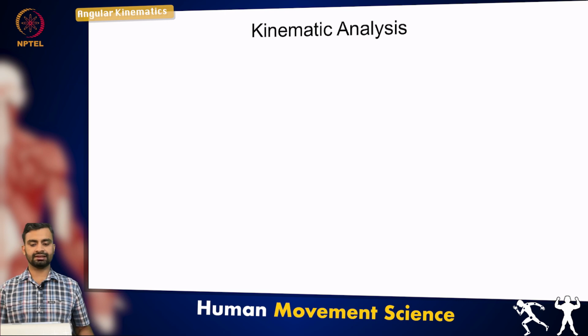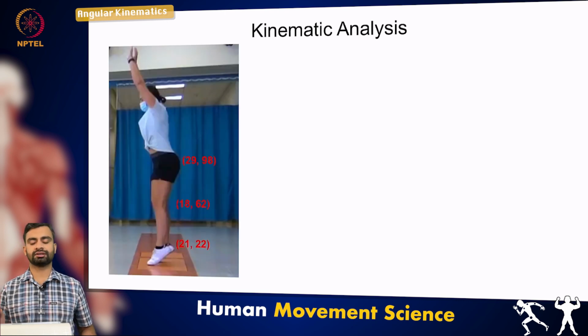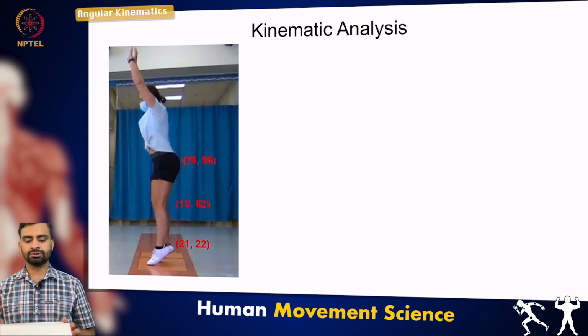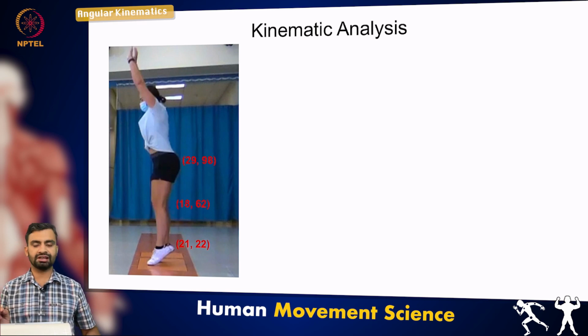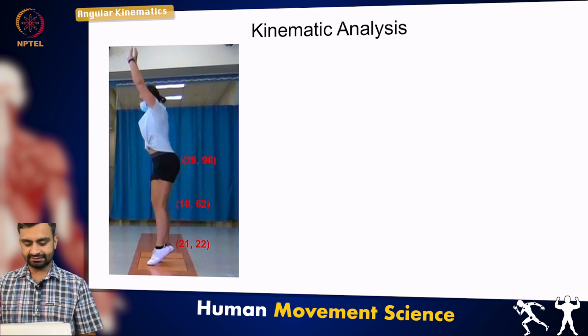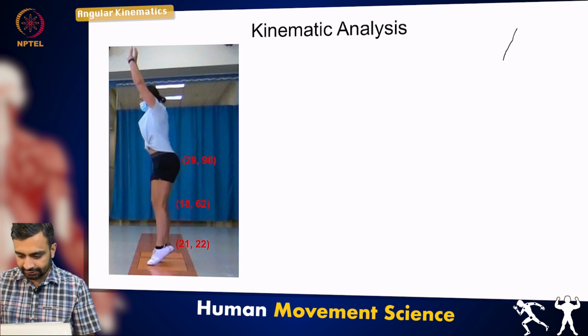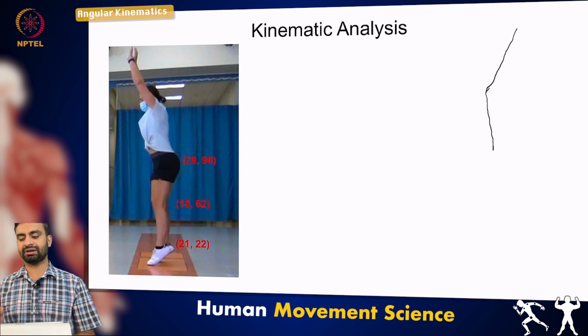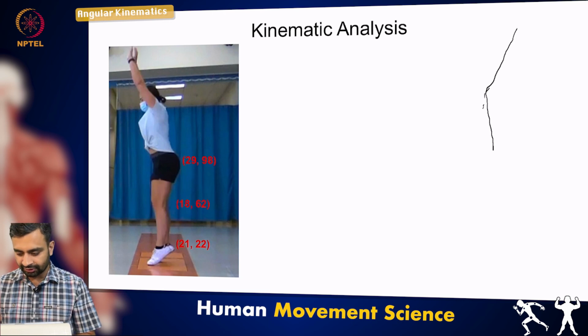Now let's look at the final segment or the takeoff instant of the drop vertical jump. Here also we will do the similar calculations. Here you can clearly see your thigh segment is something like this and your leg segment is something like this. You will again draw a vertical line over here and create a right angle triangle, and similarly at the thigh segment.